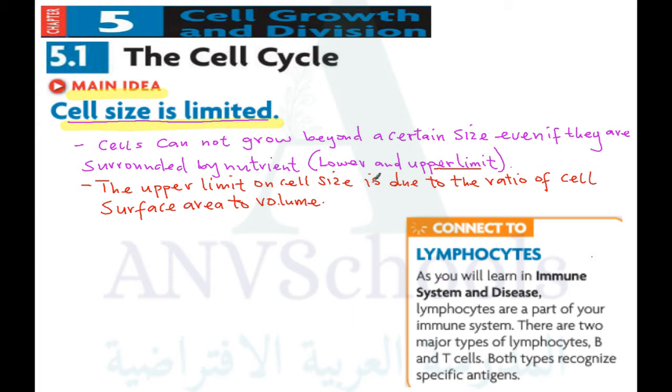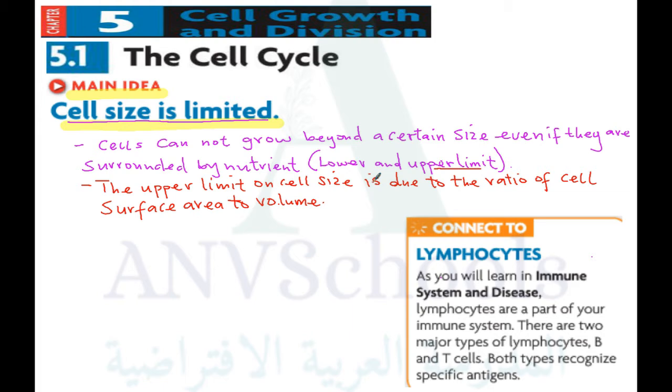So why is this so? Remember that a cell needs many substances. It needs oxygen, it needs nutrients, and it needs waste to be removed across the cell membrane, or the surface of the cell.